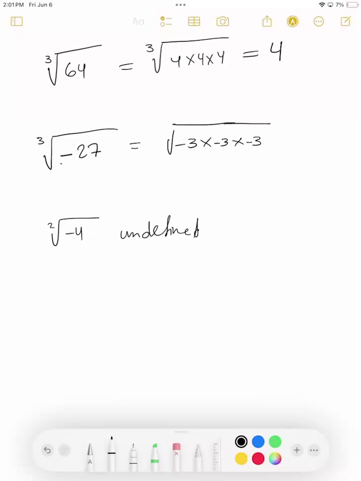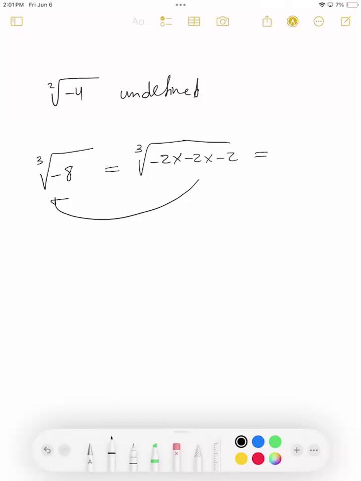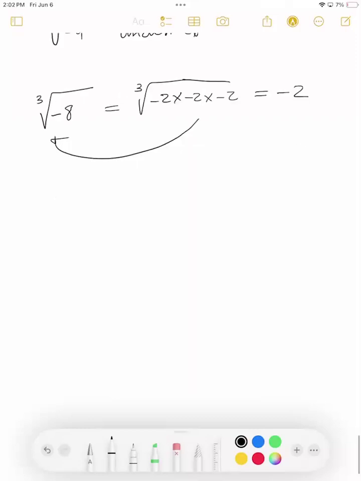It is possible to have 3 negative 3s, and that gives me negative 27. So the answer is just going to be negative 3. If I have the third root of negative 8, that's possible, because I get negative 2, negative 2, negative 2. That's negative 8, so the answer is negative 2.